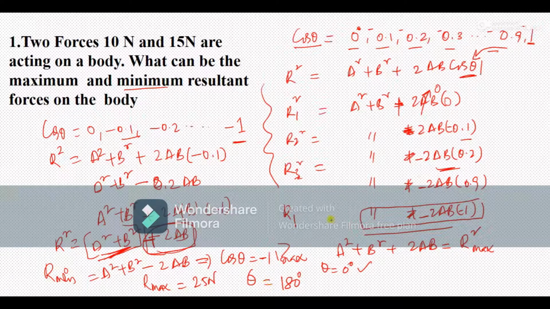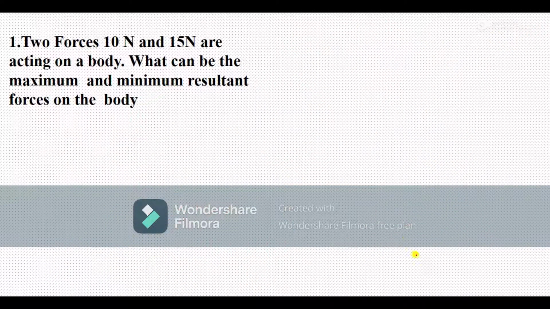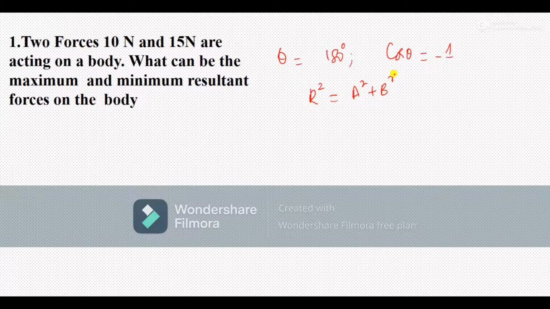When theta is equal to 180 degrees, cos theta turns out to be minus 1. That means in this term, A squared plus B squared plus 2AB times minus 1, that is minus 2AB, this is equal to (A minus B) whole squared.